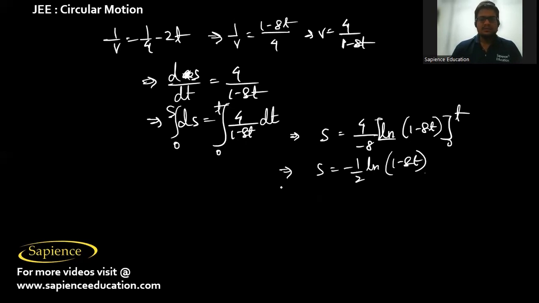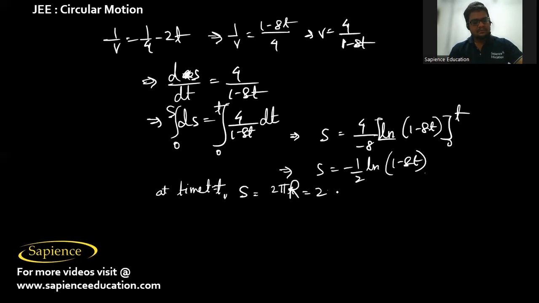So now at time t equal to t1, the distance covered will be equal to 2 pi r. 2 pi r is equal to 2 pi into 1 by 2, that is pi.